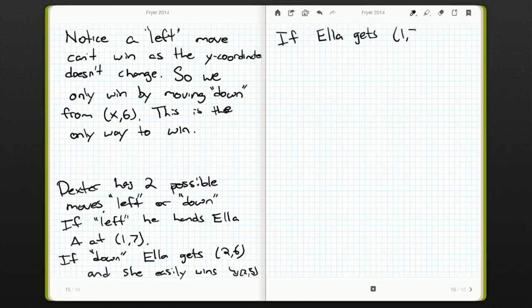So if Ella gets 1-7 for the coordinates of A, she can go left or down.